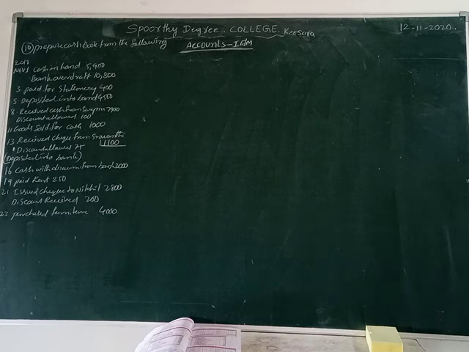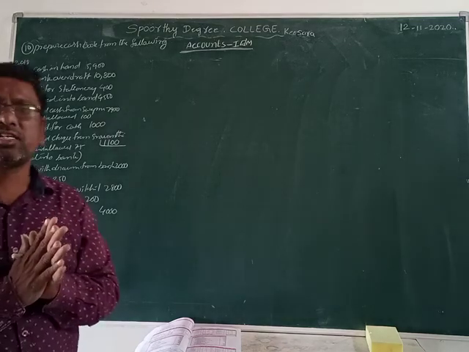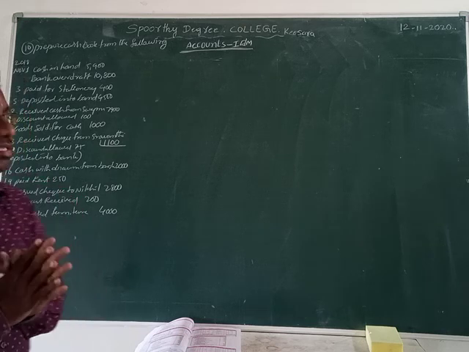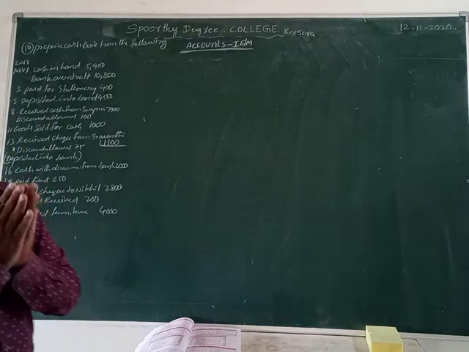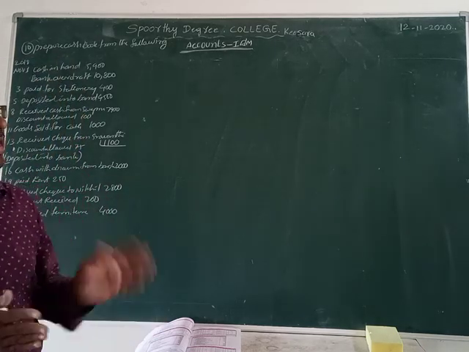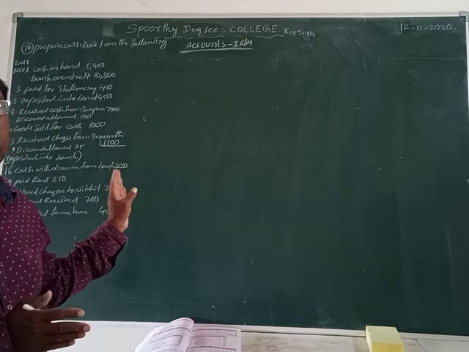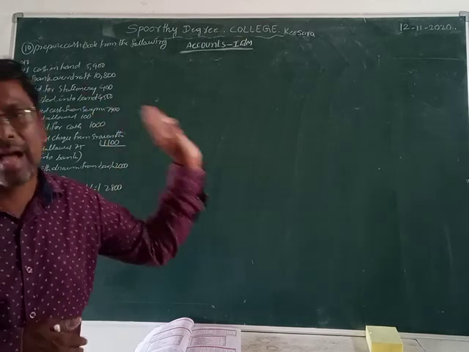So this time what can we do? These business transactions have cash transactions and bank transactions also. We can record cash transactions into the cash column and bank transactions into the bank column, friends.